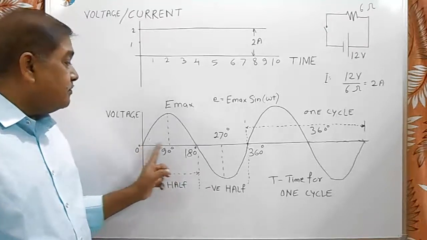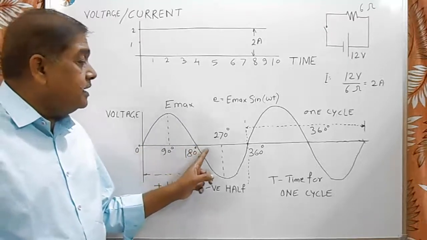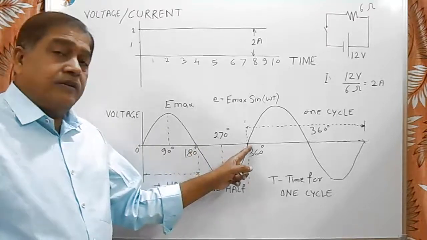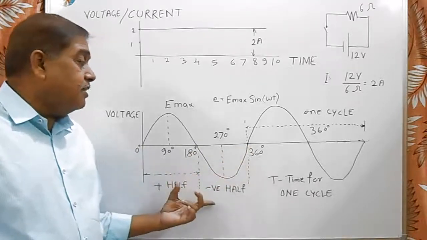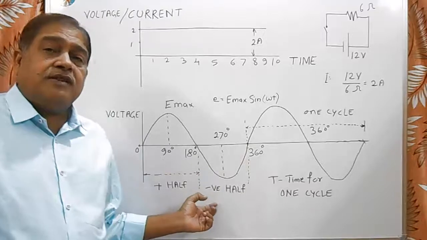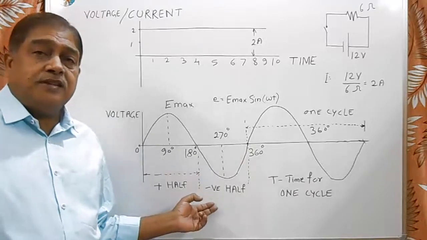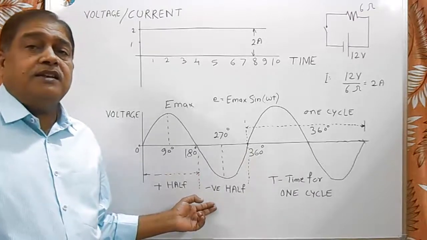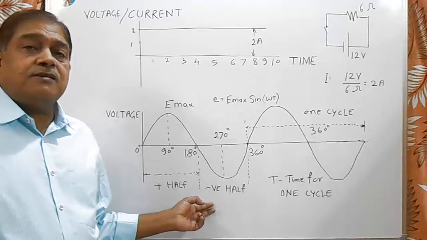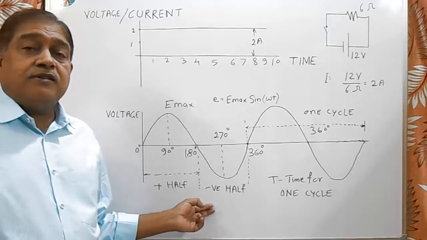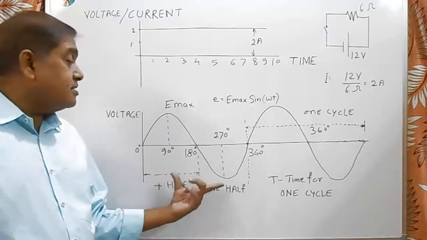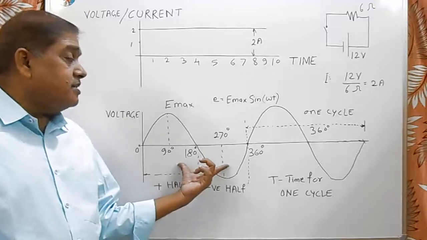That means 10 milliseconds for the positive half cycle and 10 milliseconds for the negative half cycle, total 20 milliseconds. In 1 second there are 1000 milliseconds, so we get the frequency of our supply system as 50 Hz. If frequency goes to 100 Hz, then the time period becomes 10 milliseconds.